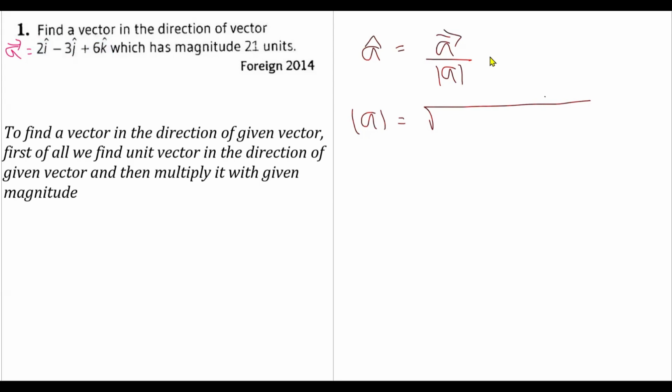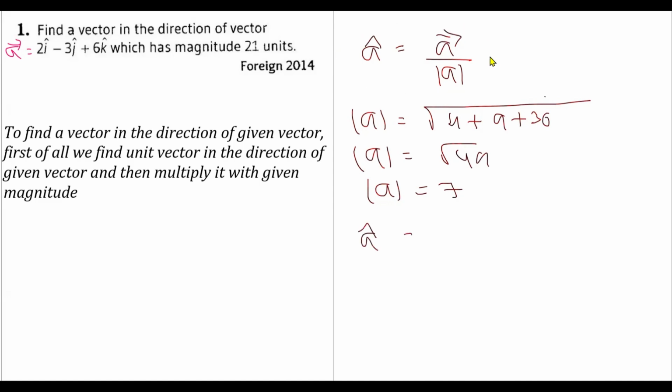So it's going to give you 2 square, which is 4, minus 3 square is 9, and 6 square is 36. So the magnitude of A comes out to be under root 49, which is 7.